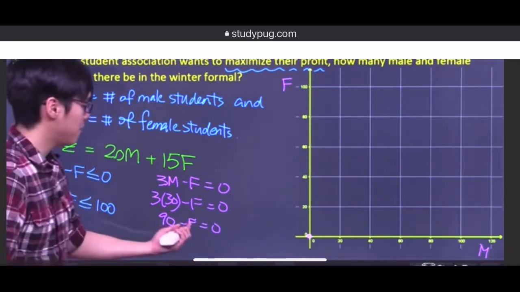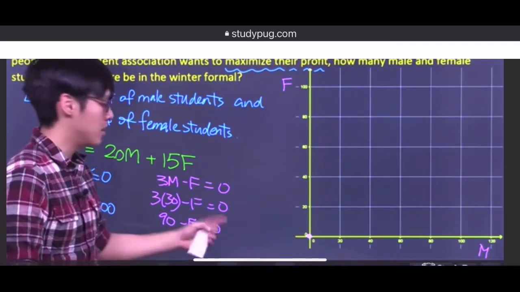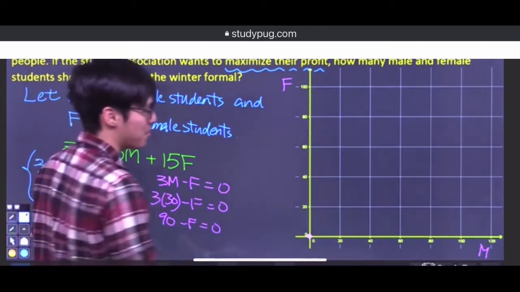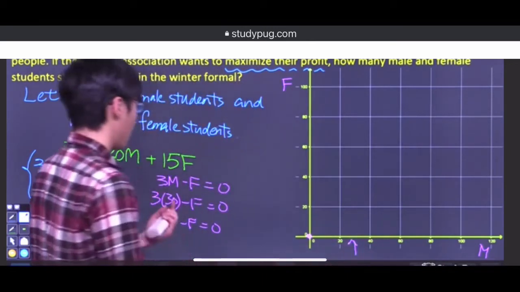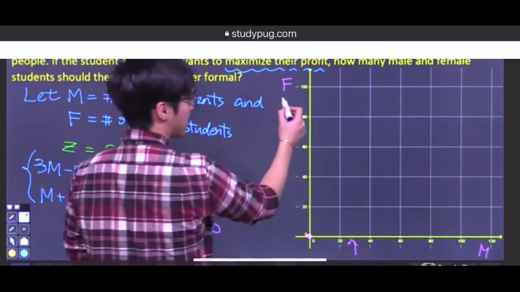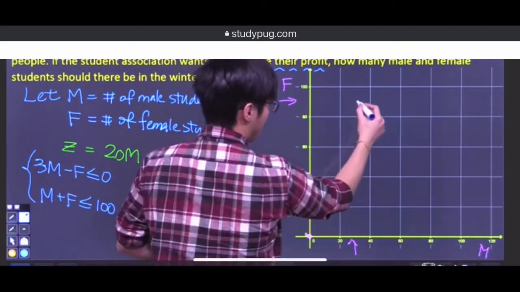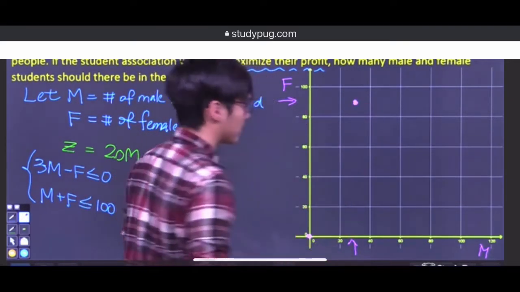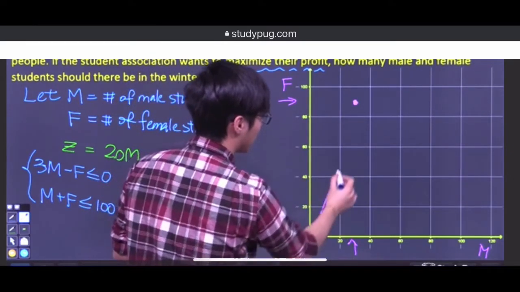So f will be 90 as well, because 90 minus 90 equals 0, right? Having said that, when m is equal to 30, which is here, our f will equal 90. 90 is right here. So they will intersect at this point over here, okay? Now we have 2 points. Let's connect them and make our line.